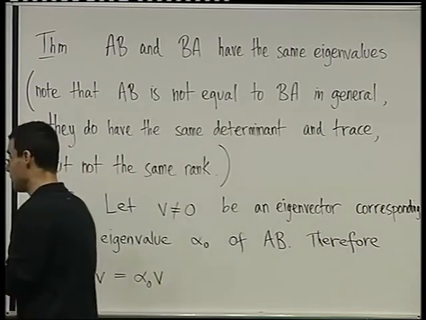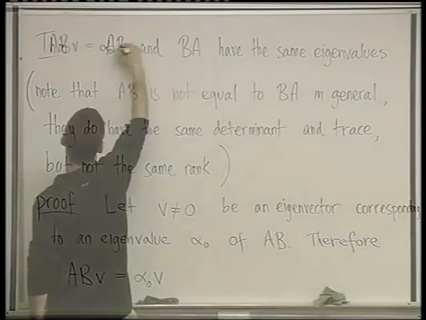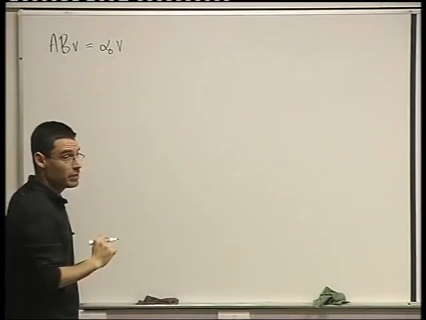Let's erase here maybe. So we know that ABV equals alpha 0 V. This I just copied from the previous board.